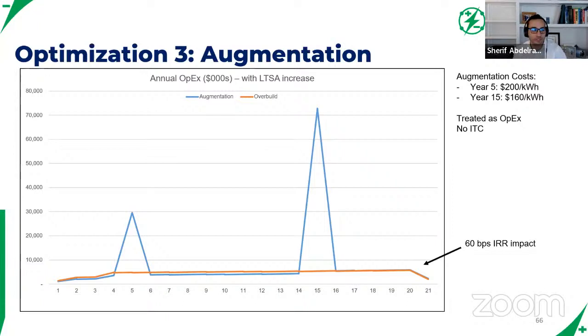So the round trip efficiency is known, the utility knows what to expect. So they won't really charge you for the energy you're charging your battery with, but you will be charged at a regular rate for the auxiliary load, your HVAC load. So you'll have a separate service for your auxiliary load to pay for that.